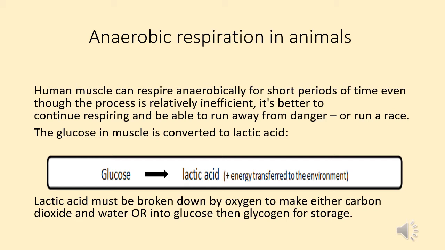And so there is a shortage of oxygen. Although you can increase your heart and your breathing rate, sometimes the blood cannot supply the oxygen to the muscles fast enough. And when that occurs, lactic acid is produced.